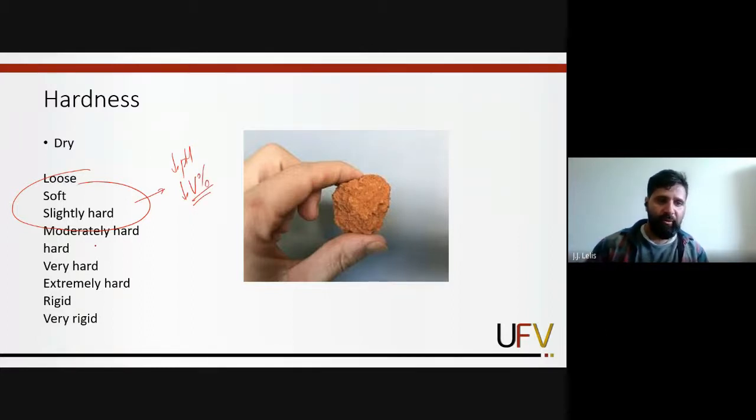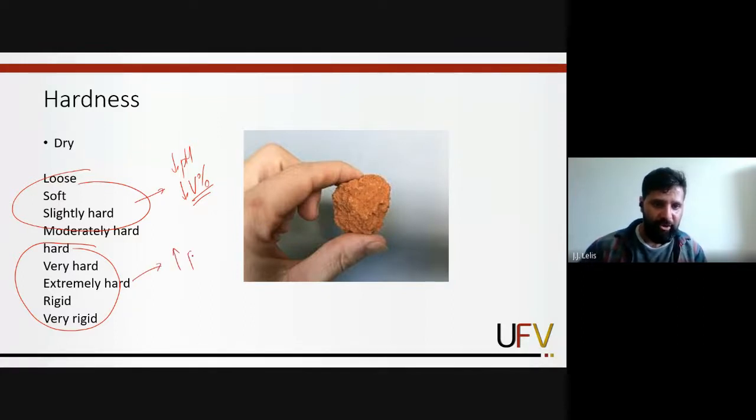And if you have these kinds of consistency, the dry consistency, generally you have a high pH and a high saturation of bases, or base saturation, okay?